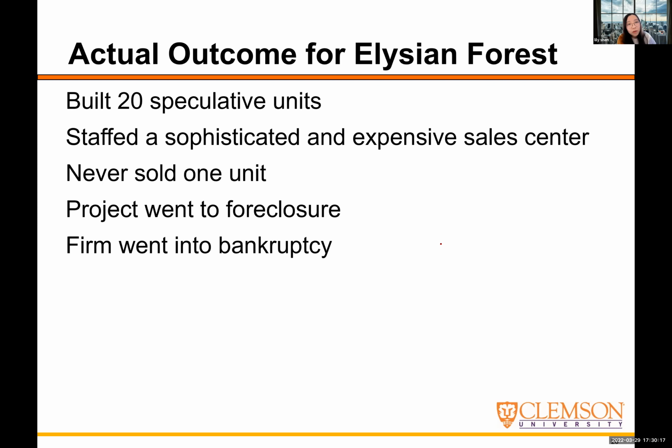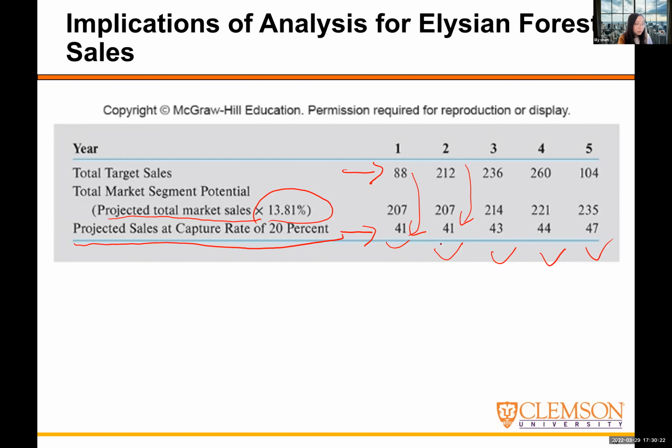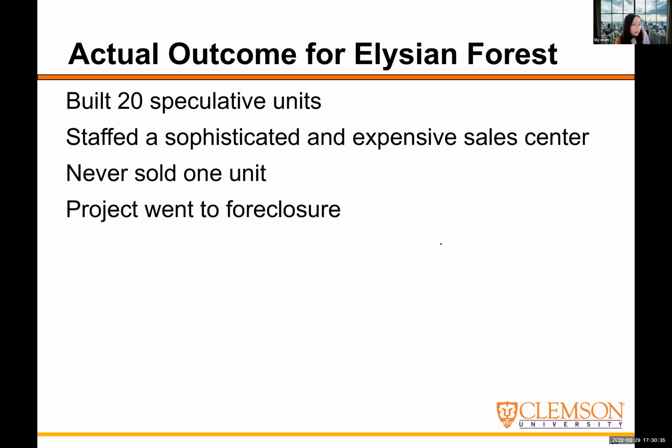And the project went into foreclosure because even in the first year, they were not able to sell all their projected homes, and they do not have sufficient cash to build the follow-up projects. So this is not a very successful business case.